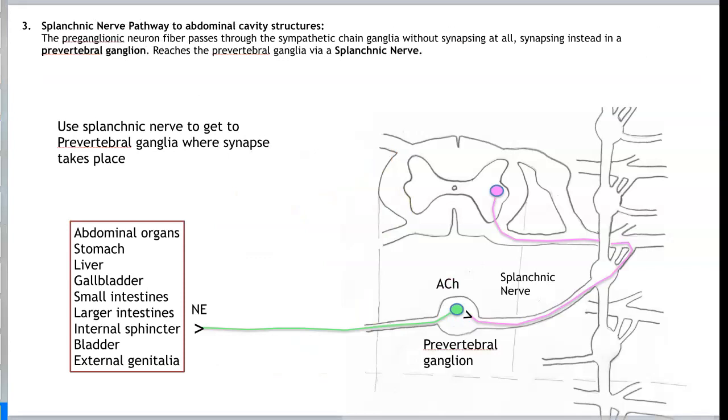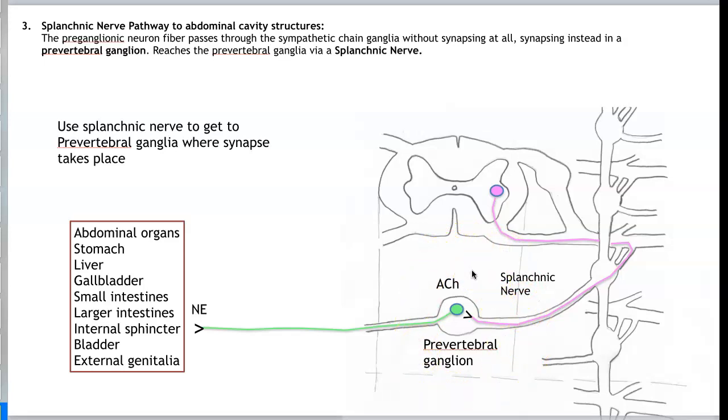So, our third pathway. To get to our abdominal cavity structures, we are going to be using what they call a splanchnic nerve. We are going to be synapsing in those prevertebral ganglia that are located in the abdominal aorta.